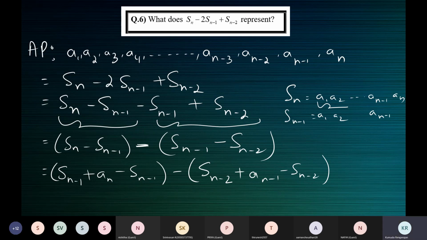Sn minus 1 is the sum till the n minus 2th term plus the n minus 1th term. So you can see that these two get cancelled. These two get cancelled. So it's an minus 1. And these are two consecutive terms, so their difference is d.